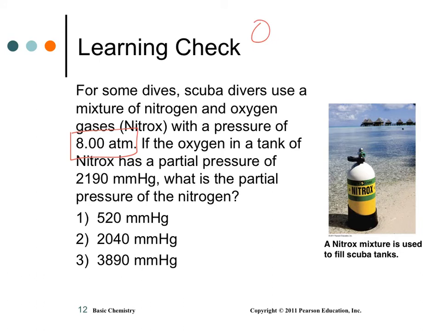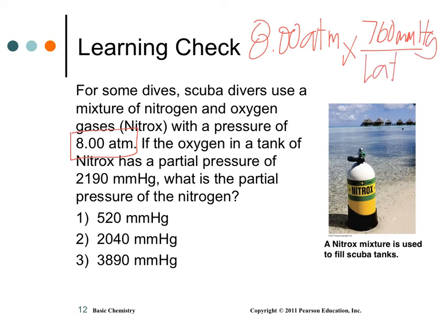So we got to convert that. 8.0 atm, we're going to multiply that by 760 millimeters of mercury per 1 atmosphere. We're going to get 6,080 millimeters of mercury as my total.